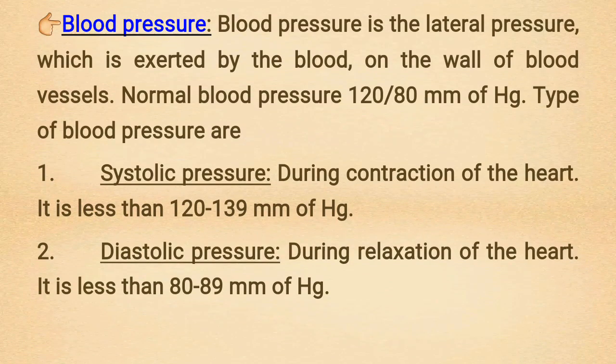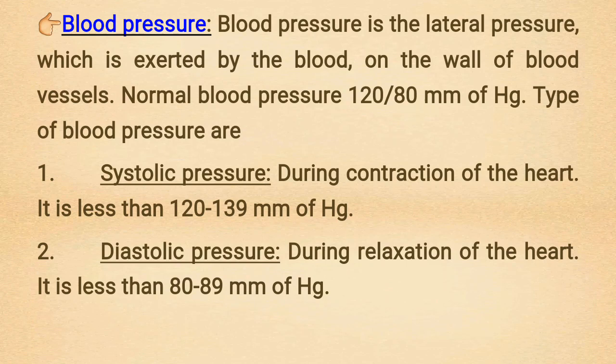Blood pressure. Blood pressure is the lateral pressure which is exerted by the blood on the wall of blood vessels. Normal blood pressure is 120 over 80 millimeter of mercury.